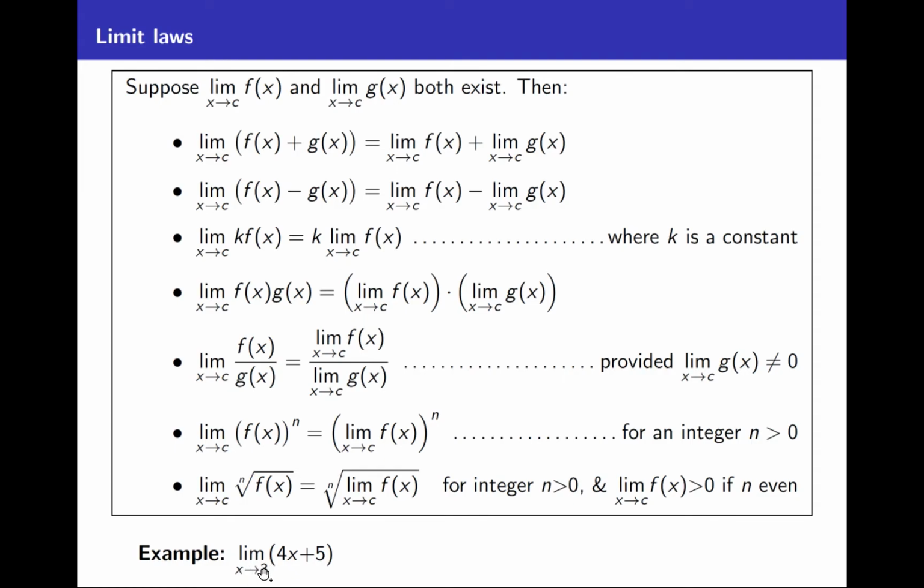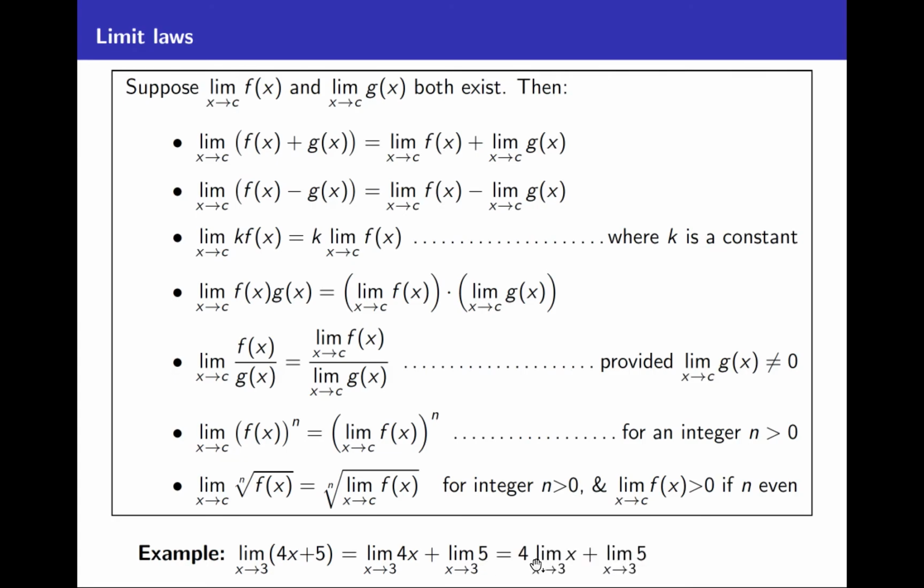The limit as x approaches 3 of 4x plus 5. That's the sum of two functions, the function f of x equals 4x plus the function g of x equals 5. So in evaluating this limit, it's the limit as x approaches 3 of an f of x plus a g of x. You could break it up into two simpler limits by the first limit law. It's the limit as x approaches 3 of 4x plus the limit as x approaches 3 of 5.